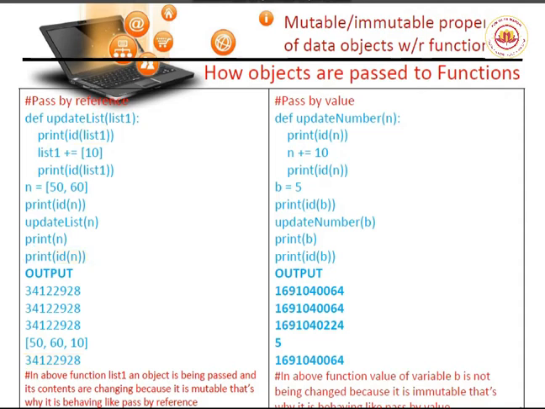But as we see here in pass by value, 5 is an integer, and this is the address of the 5. In the next line, I'm calling the function update number and passing the value 5. Again it prints the address, which will be the same address. Then the number is increased to 10, so the reference of 10 will be called out. As it can store only a single number, the address of the number now refers to 15, since n is incremented by 10.